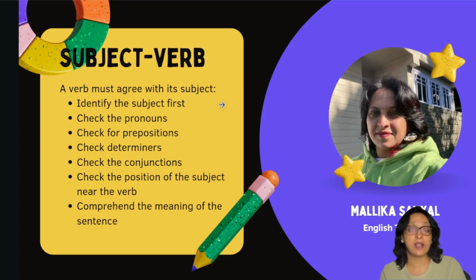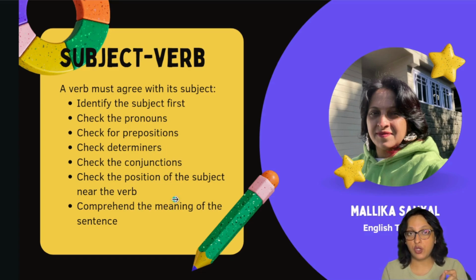We also have to check the prepositions in the sentence because that is also very important. Why all these things are important, we'll come to one by one. Please, if you have a copy or a notebook, note this down. Then we also have to check the determiners and the conjunctions in the sentences.